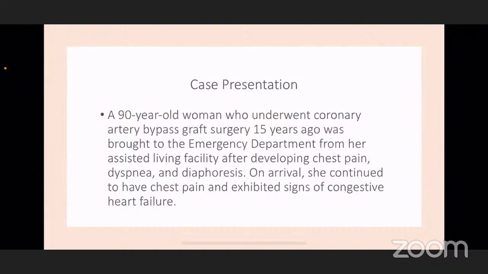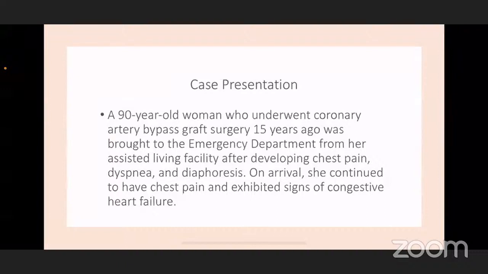Let's say we are on call and this patient presented. What would you like to order? Anyone can participate. Yes. What can we order? We can see the vital signs of the patient.